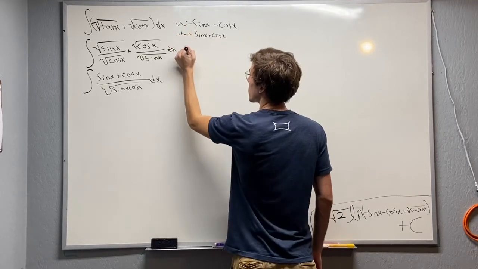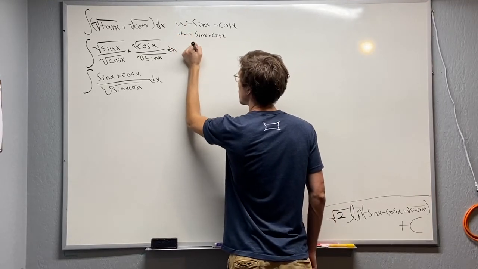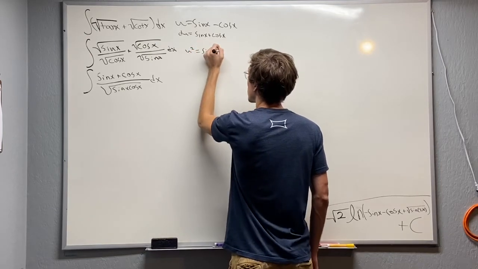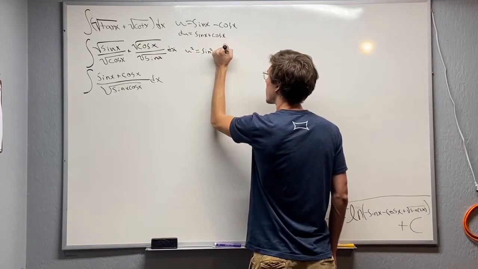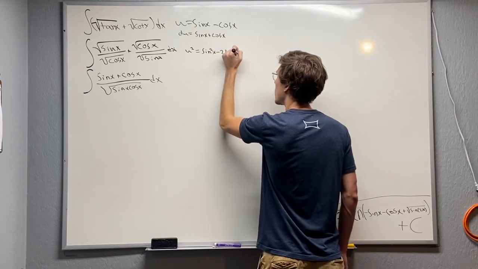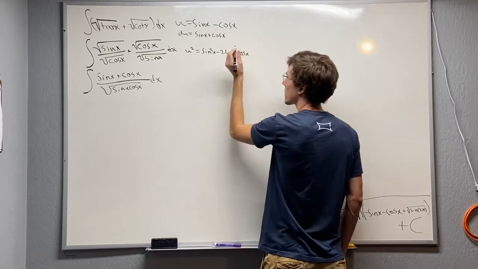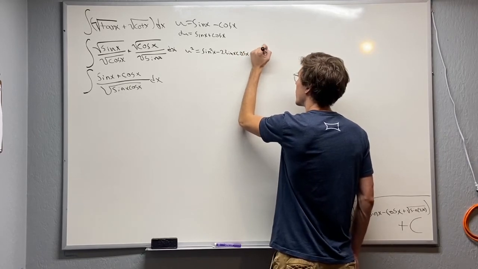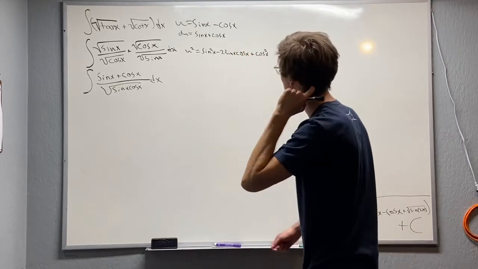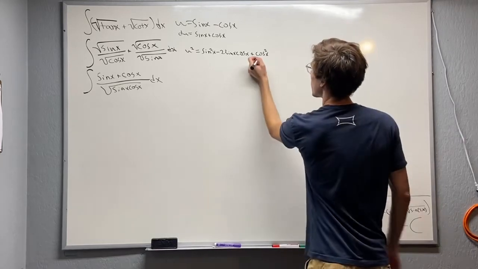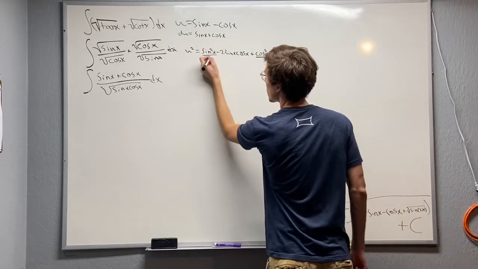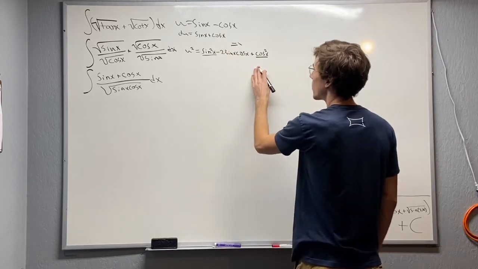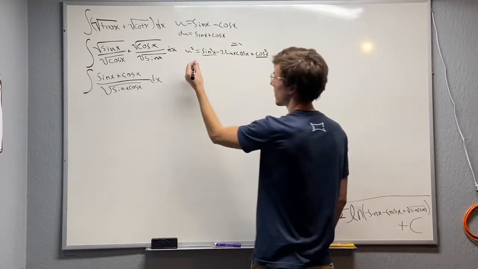We're going to do the same thing. We're going to square both sides. So we're going to get u squared is going to be equal to the sine squared of x minus 2 sine of x cosine of x plus the cosine squared of x. So this and this is going to equal 1. So let's add those together and then subtract it to the other side.